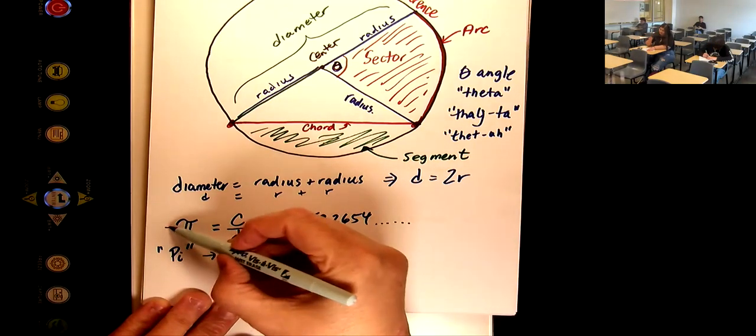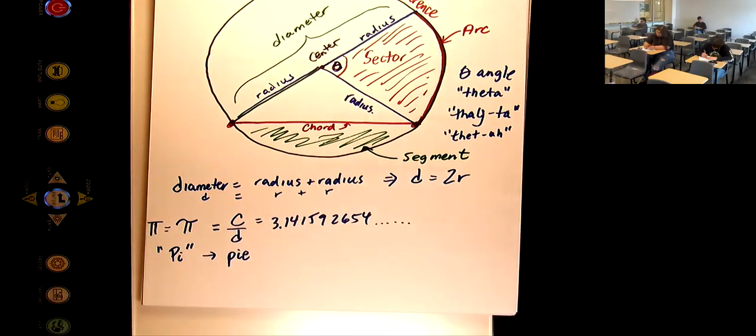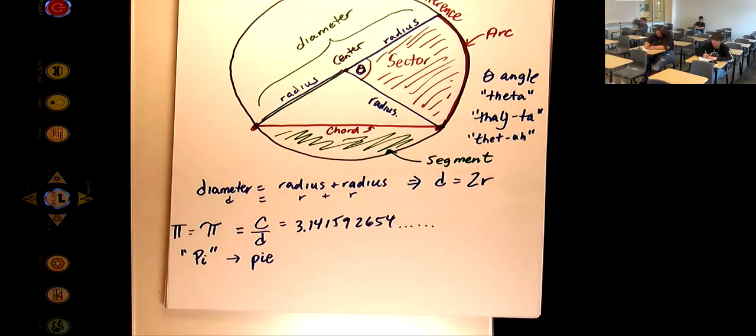Sometimes they make it look all flat like that. I tend to not do that. I don't like the flat look. I like to give it a little bit of flair. This relationship is true for every single circle. It's just incredible.